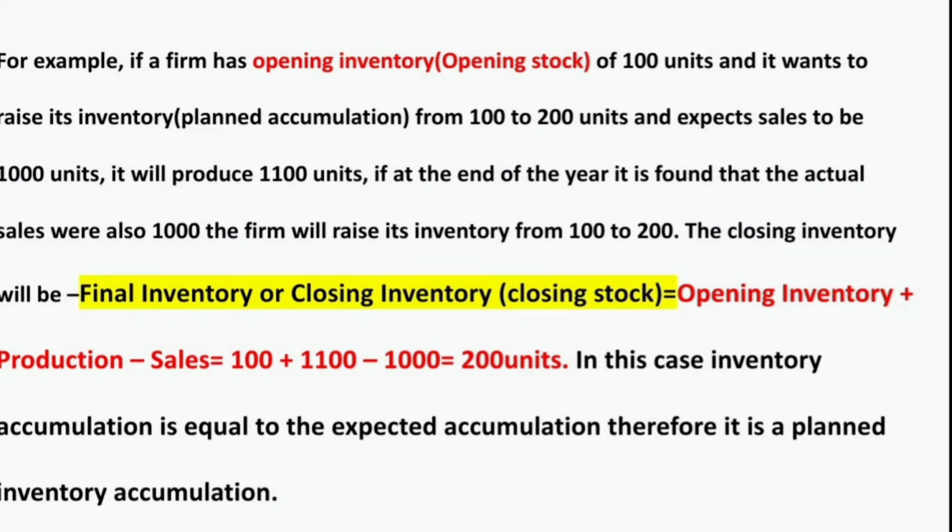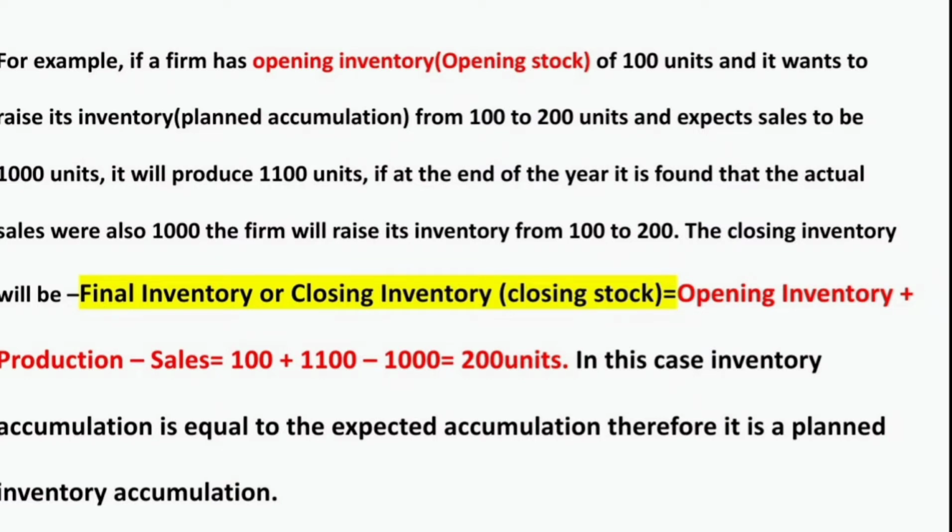And it expects the sales to be 1000 units. So the firm will produce 1100 units because its opening stock is 100 units. It wants to increase it to 200 units, 100 more. Expected sale is 1000.